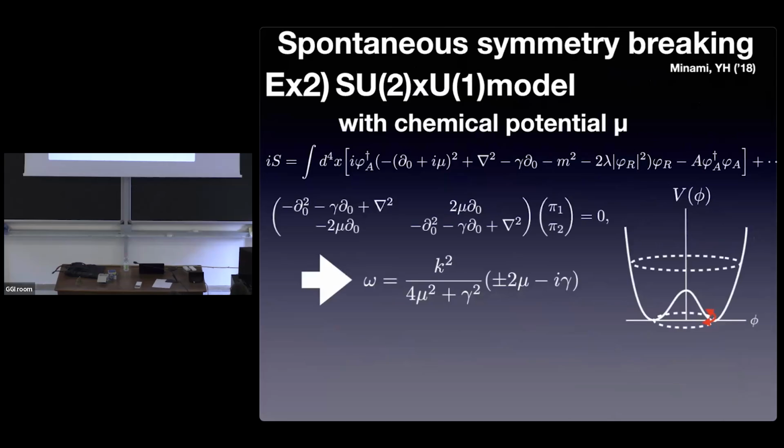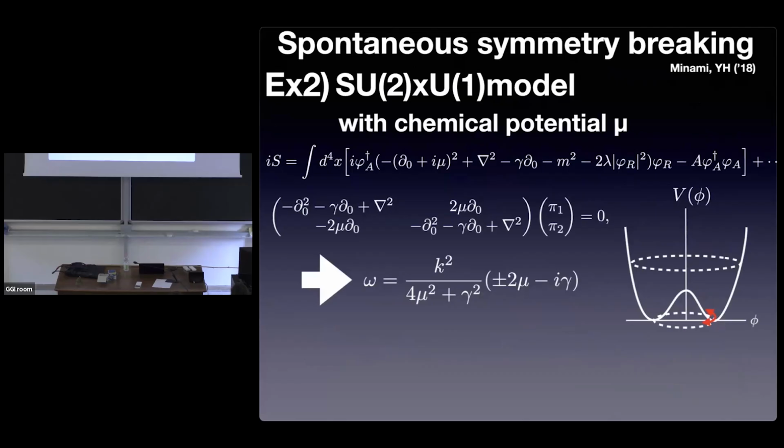Now let's see what happens to the fate of the energy mode in the case of the type B energy mode. It is known that this is a field theoretical model where the type B energy mode appears.